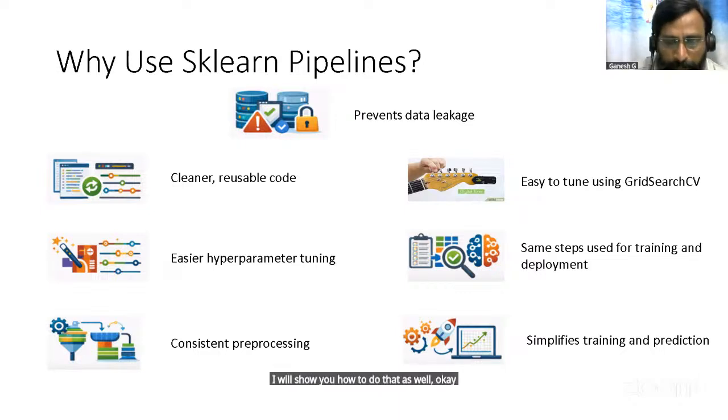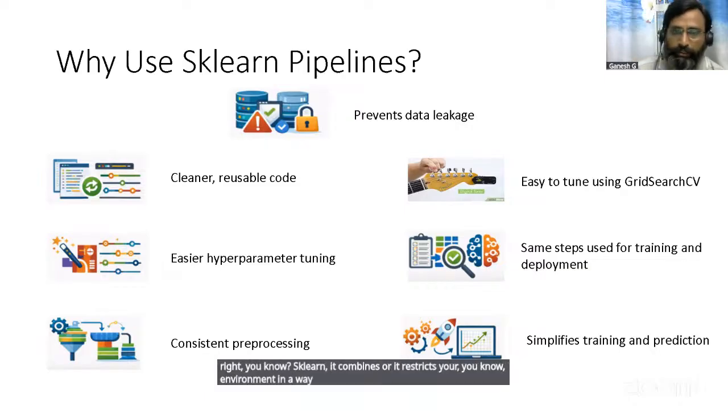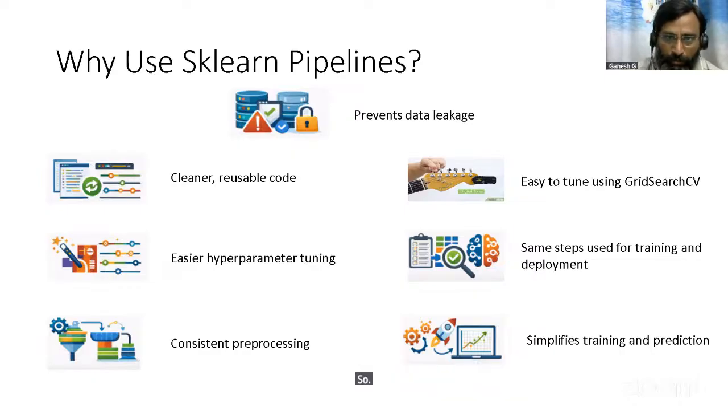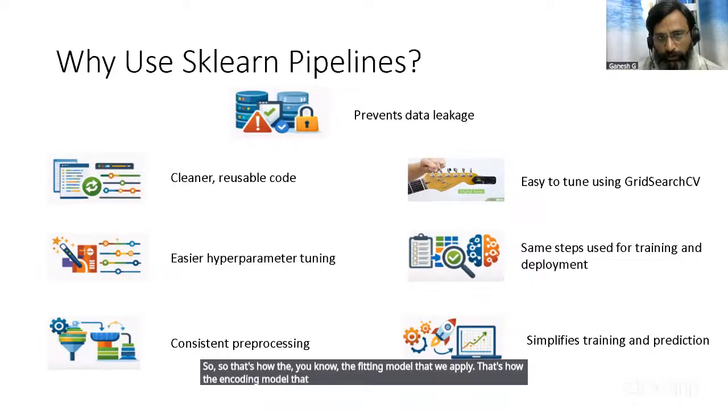But understand this: sklearn restricts your environment in a way that data spilling is not really a question. That's how the fitting model and the encoding model that we apply try to prevent data leakage.